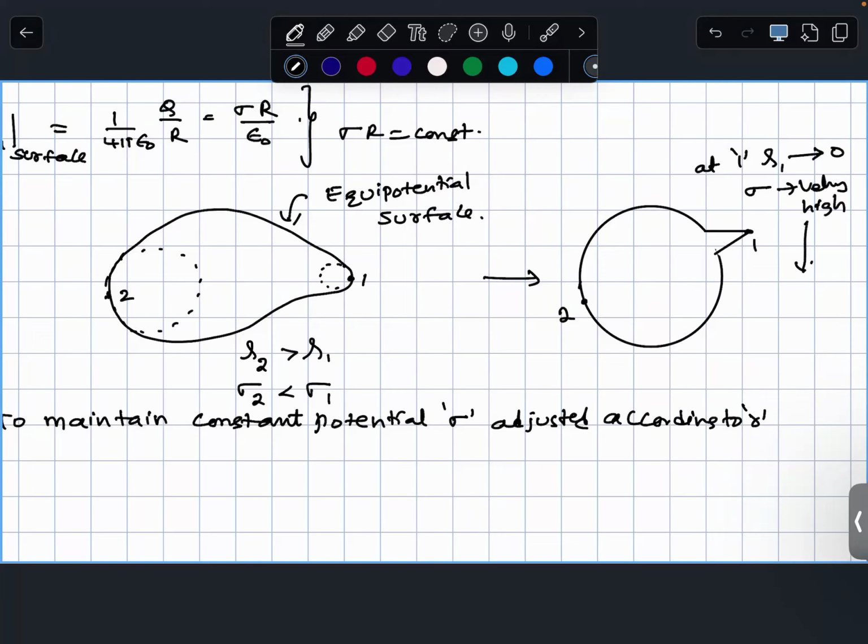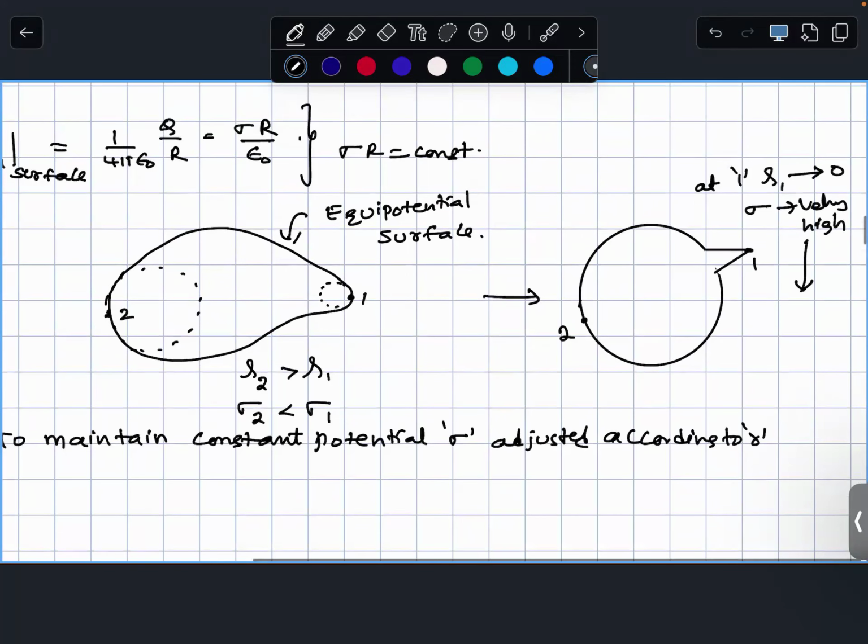At these points, you know what happens? Charge will discharge into space. Such a discharge is called corona discharge.